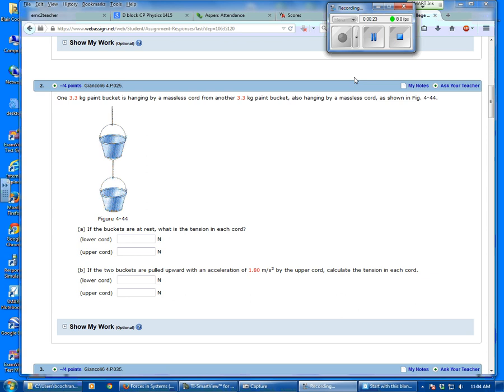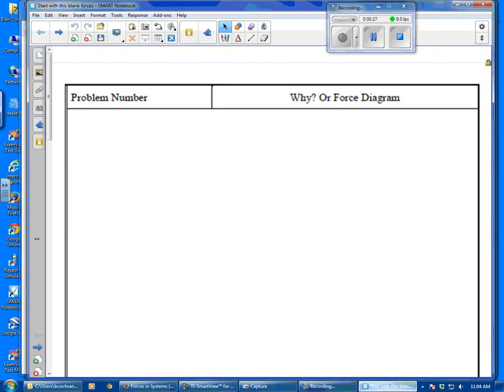So, first thing I'm going to do is, I have a total of 3 force diagrams here. Technically, I should do 6 with this one, because during the first case, it's not accelerating, and during the second case, it is accelerating.